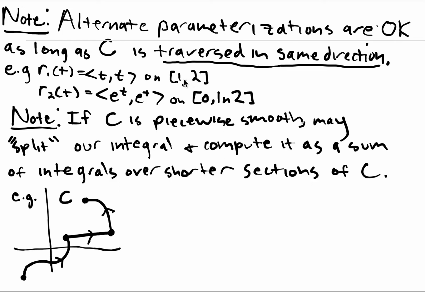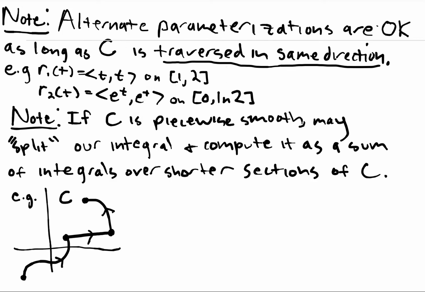So that means if you plug those t values in, we start at 1, 1 and we end at 2, 2. Notice for the second curve, if I plug 0 in, e to the 0 is 1. If I plug log of 2 in, my log and exponential rules imply that that gives me 2 back. So this also starts at 1, 1 and ends at 2, 2 and travels that same line.